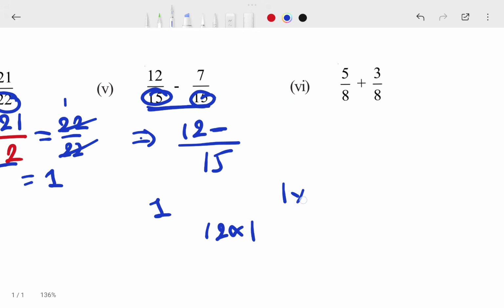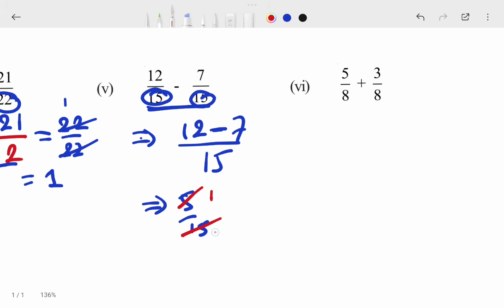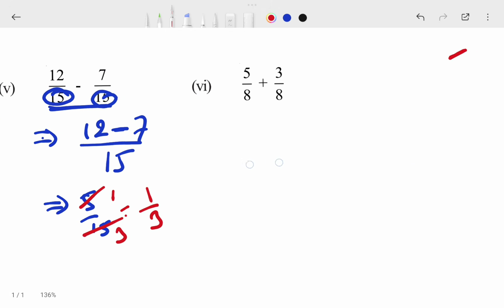So multiply that into the 7, that's going to be 7 only. Okay, right. So now let's do this one. If you subtract 12 minus 7, the answer is going to be 5 by 15. And here what will happen, if you count in the 5 table, 5 ones are 5, 5 threes are 15, so 1 by 3 is our answer.